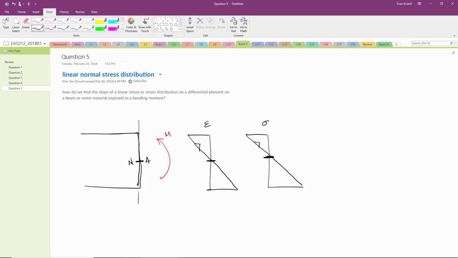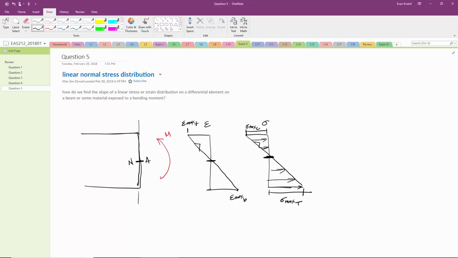And so in order to figure out the slope, really all that you would need to calculate is either what is the maximum stress on the top, or what is the maximum stress on the bottom. Same thing with the stress. If I knew what this distance was, sigma max compression, or if I knew what this distance was, sigma max tension, because this is all tension on the bottom here, this is all compression at the top here.